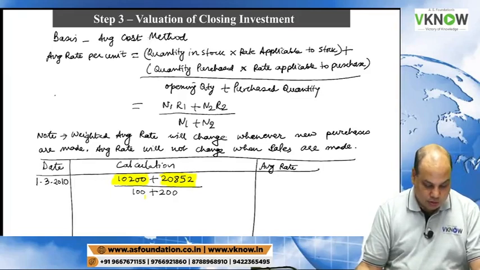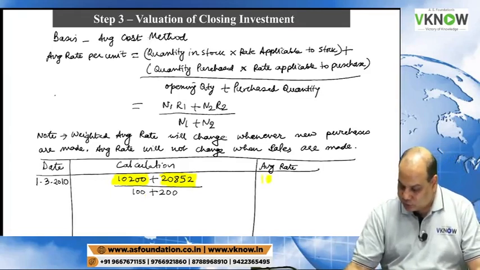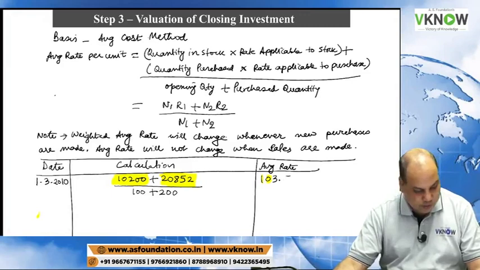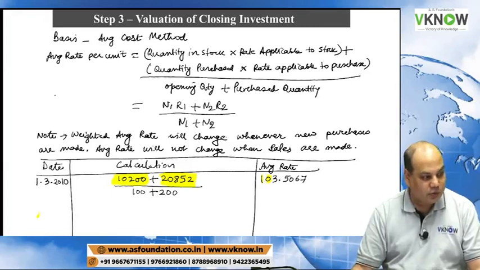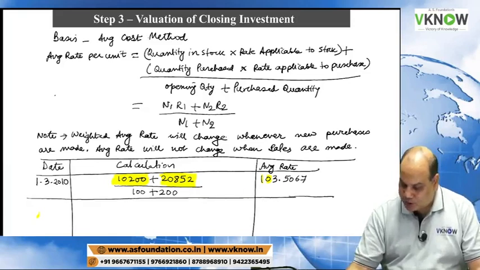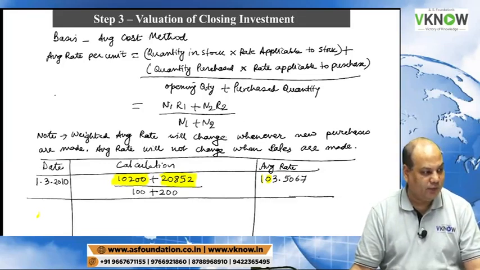So that is 103.5067. This was the rate when you purchased on 1st March. Basic mathematics, if you know it, will be helpful.